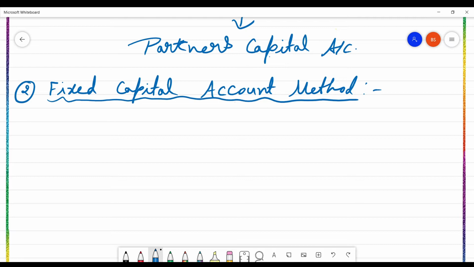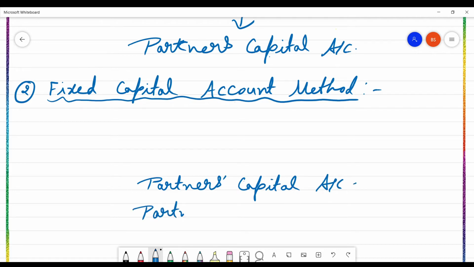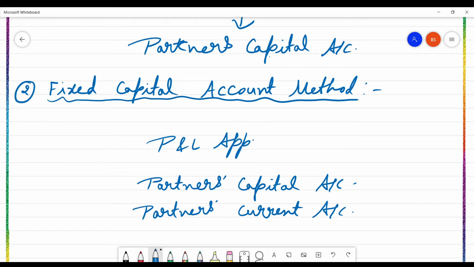Here two accounts are prepared: partner's capital account and partner's current account. But when we solve the sum, three accounts are prepared in fixed capital account method. First one is P&L appropriation account.